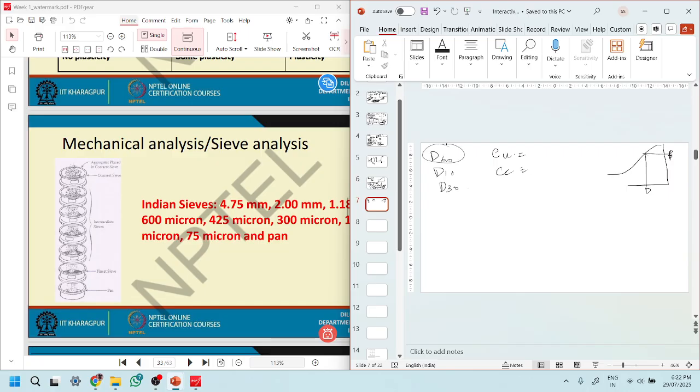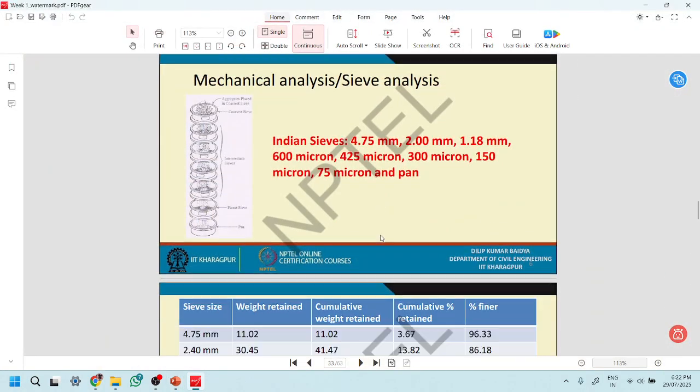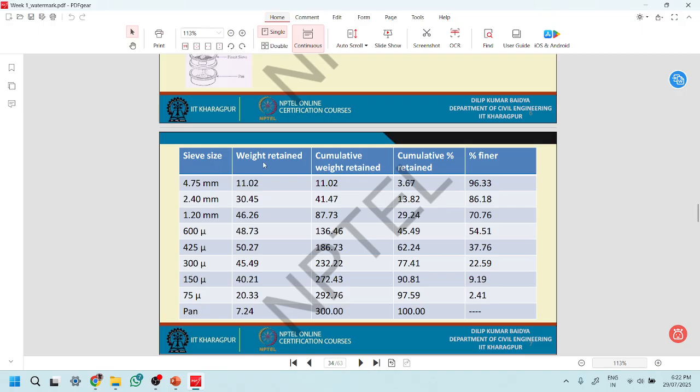So this is the diameter below which 60% of the particles are finer than this diameter. Okay. So this is how we do the sieve analysis.